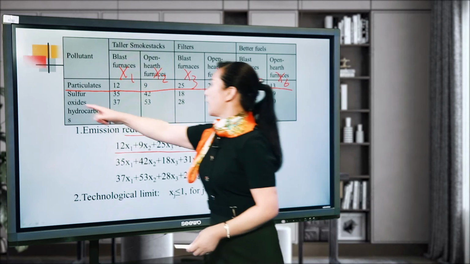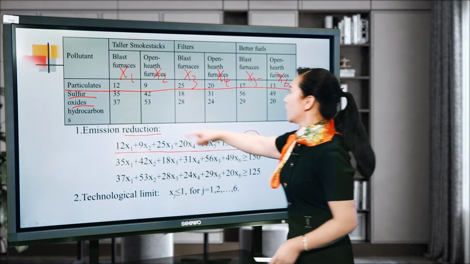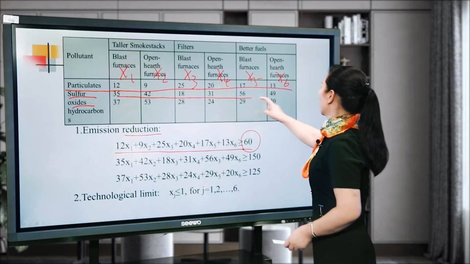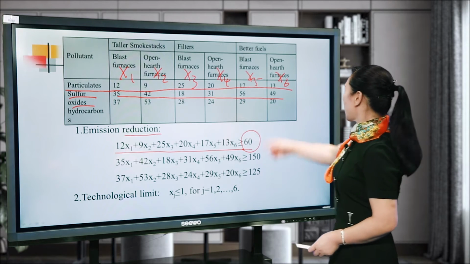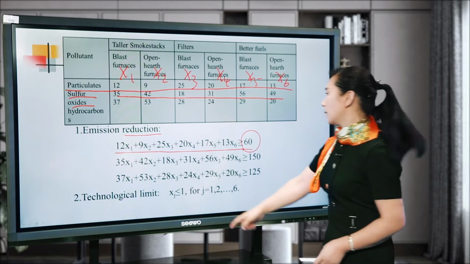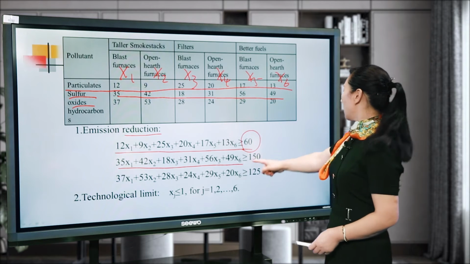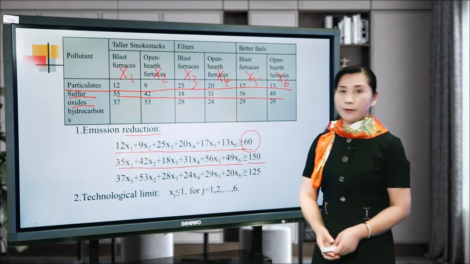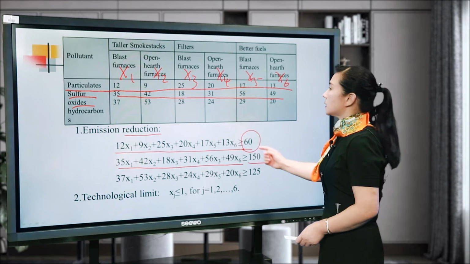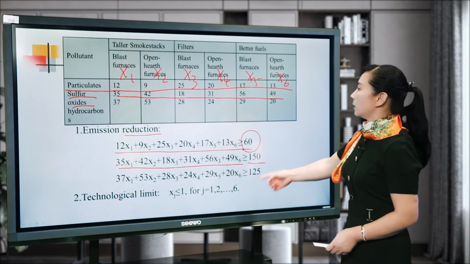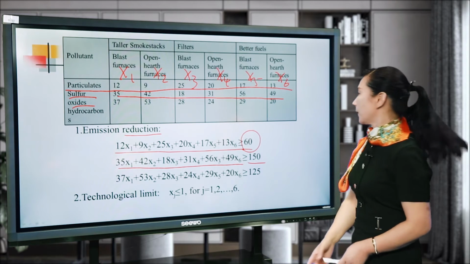On the sulfur oxide, we use the corresponding numbers times the decision variables. This is the left side of the constraint, greater than or equal to 115, which is the required annual emission reduction.